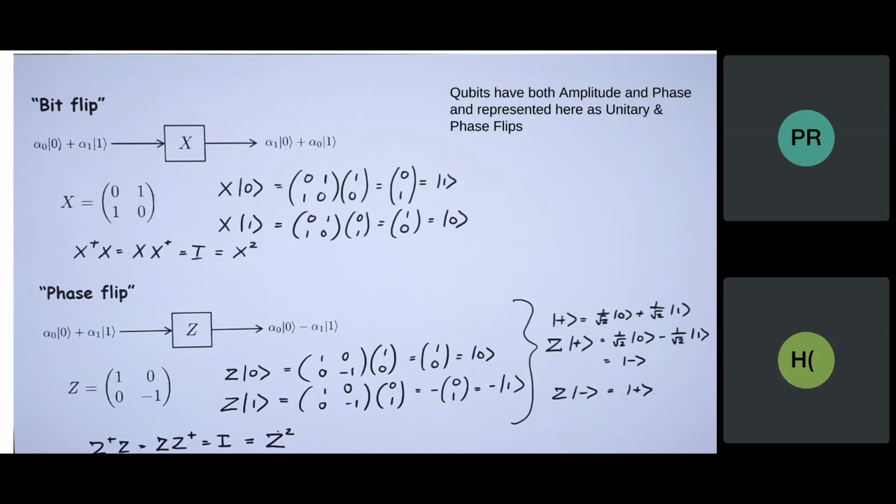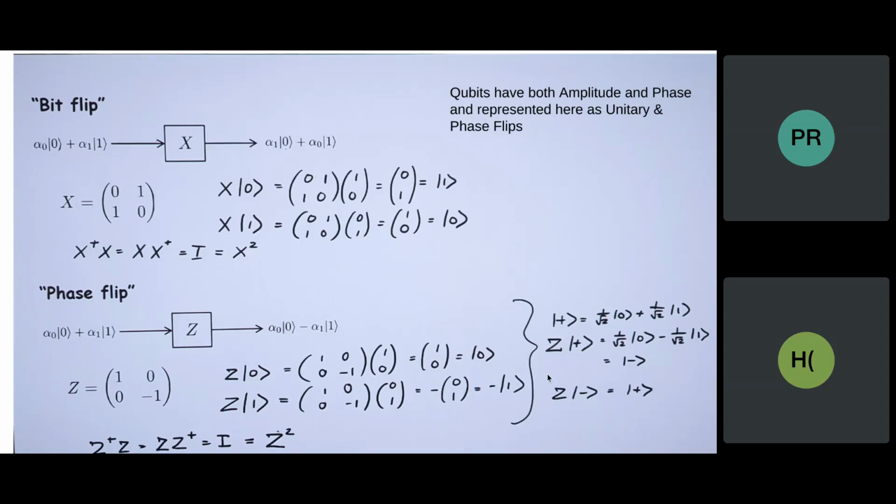So let's go with H equal to 1 by root 2 ket 0 plus minus 1 by root 2, and Z of plus. Here is another example of applying Z. If you represent plus as 1 by root 2 ket 0 plus 1 by root 2 ket 1, then if you apply a Z transform to plus, you will get a minus.